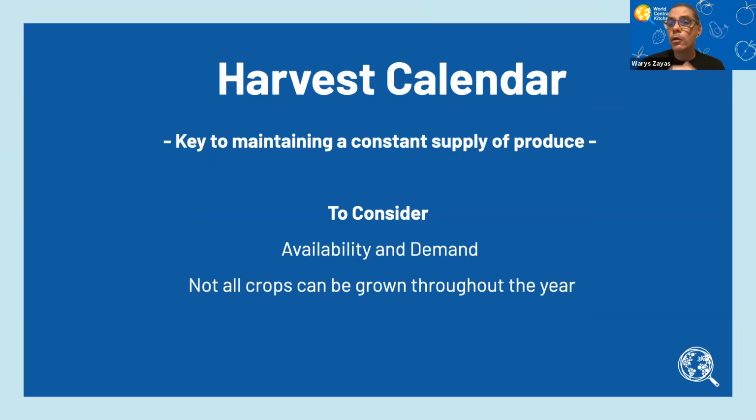Okay, once we have considered all of this, we select our seed and have everything set. Another important thing is to set our harvest calendar. A harvest calendar is key to maintaining a constant supply of produce, since it considers our availability and the demand for the crop in the market, keeping in mind that not all crops can be grown through all the year. That's why having harvest seasons for different crops is really important.